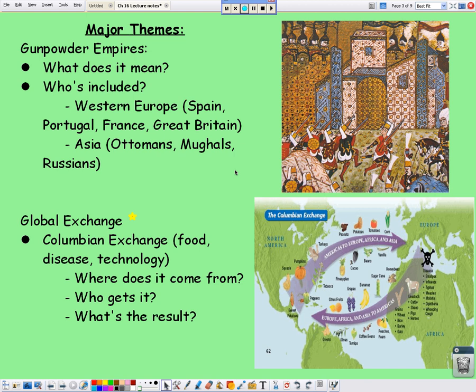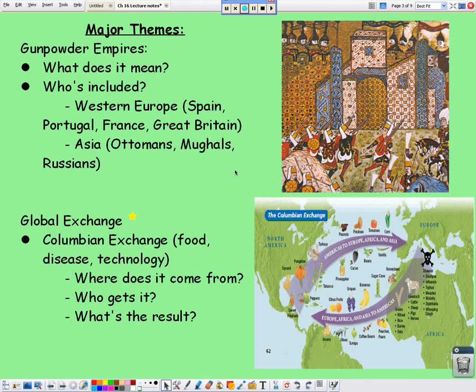Now, by the same token, what does Europe and the rest of the Eastern world get out of this? A lot of agricultural stuff that they haven't had access to. A much more varied and much healthier diet, especially when you consider things like corn and potatoes that come back and are far more nutritious, higher calorie, and provide the body with a much better fuel source, which increases population.